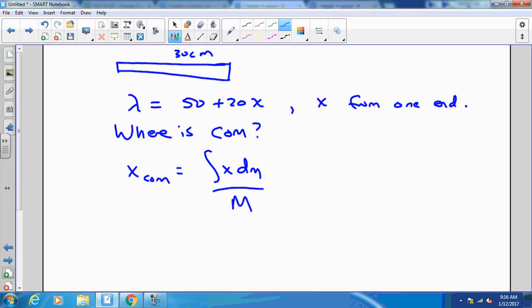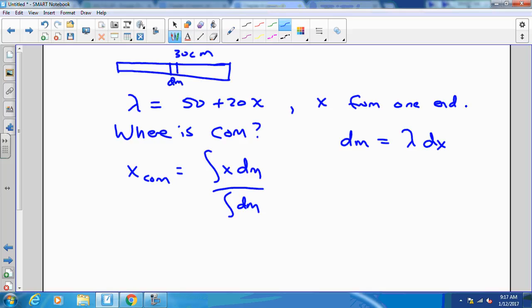So we're going to begin by saying that the center of mass is equal to the integral of x dm over the total mass, like so. To get that total mass, we're actually going to have to integrate dm to make it happen, because they don't tell us the total mass here. Now, to get the dm, we're going to chop up our rod into lots of little pieces dm, right?